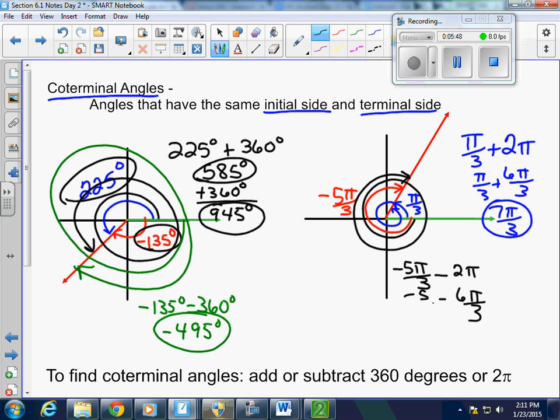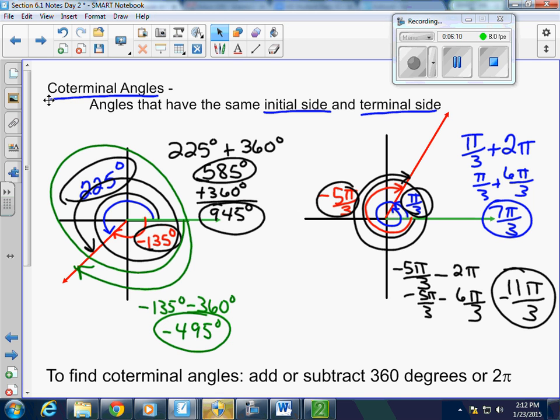I have negative 5 pi over 3. So my angle is negative 11 pi over 3. So all of those angles, once again, are all the circled angles. These are all angles that are coterminal. They begin and end in the same place, but the measure around them is different.